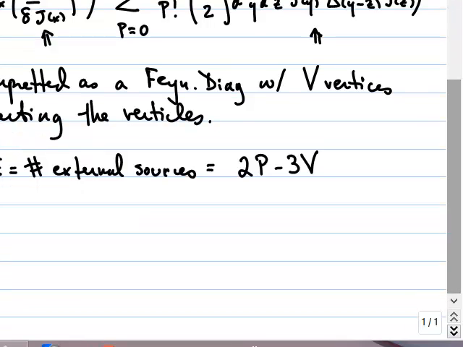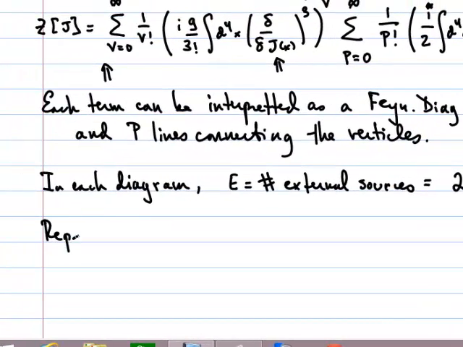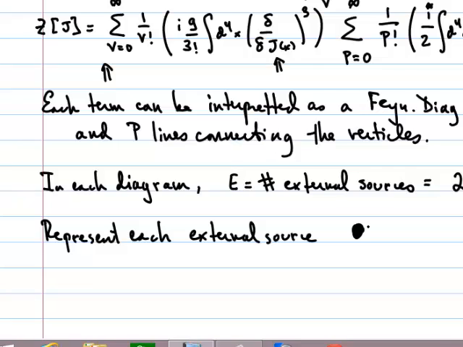And so what we're going to do is represent in these diagrams each external source J of x by a solid dot, which will be connected to some line.